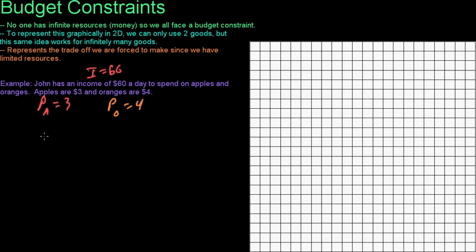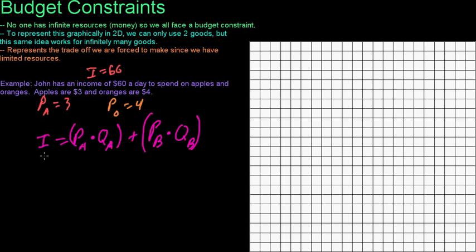His total income always has to be equal to the price of good A times the quantity of good A, plus the price of good B times the quantity of good B that you consume. Basically all that this is saying is that if you spend all of your money, your income has to equal the amount that you spend on good A plus the amount that you spend on good B. And remember, we're only doing this for two goods, but you could do this for as many as you would like.